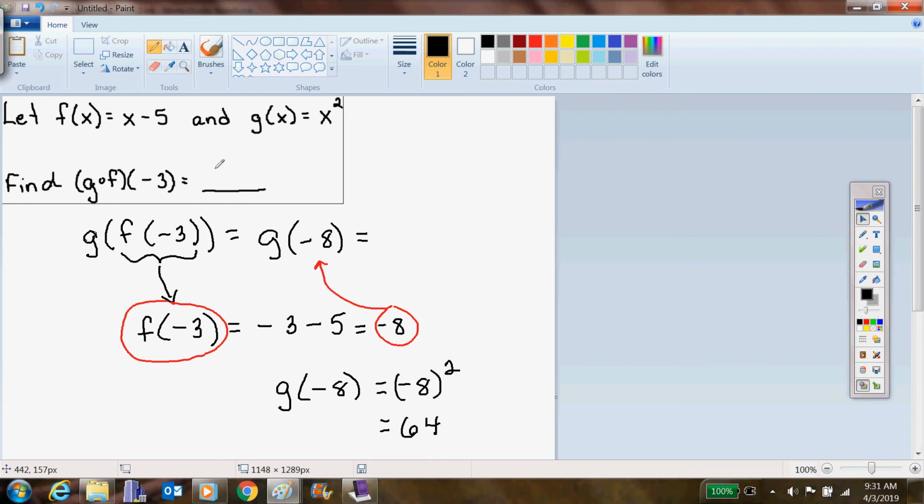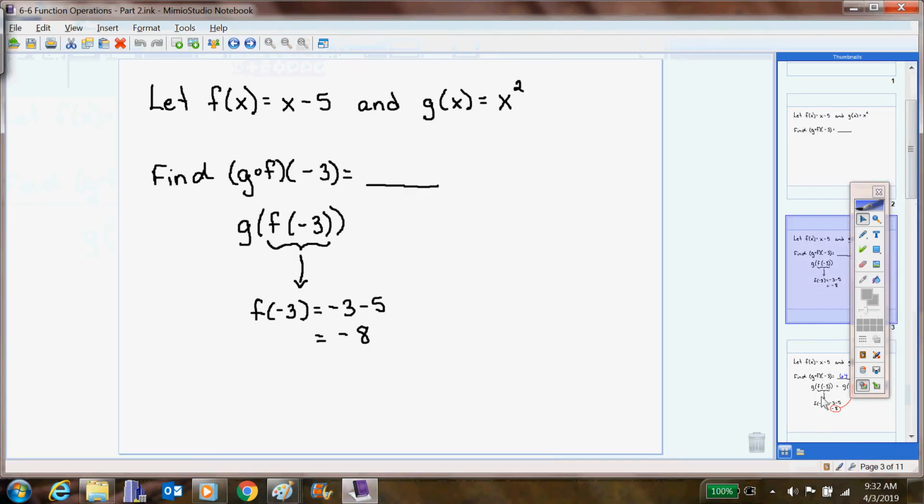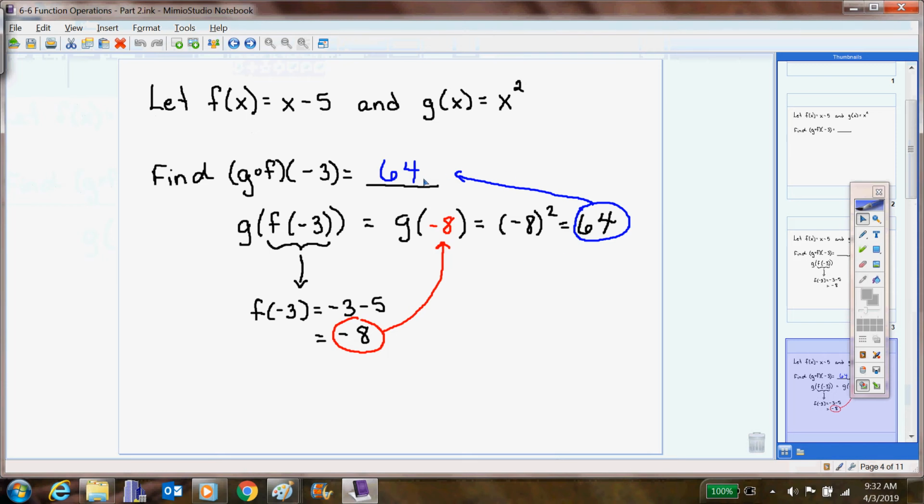So 64 is our actual answer to g of f of -3. It's the composite function putting together the f function and the g function. It does matter what order the g and the f come in, and I'll show you that momentarily. So once again, f of -3 becomes -8, it gets plugged in, gets evaluated.